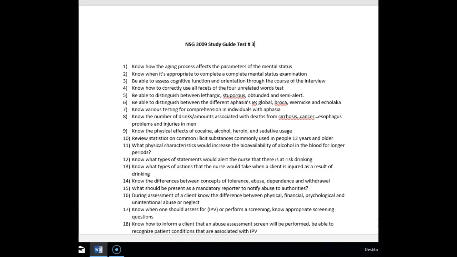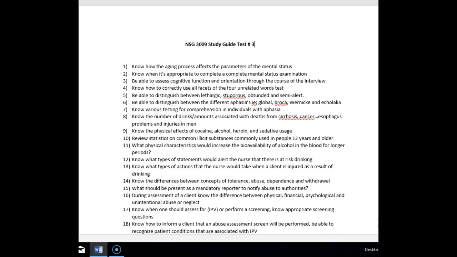Question number 2, know when it's appropriate to complete a complete mental status examination. Usually you perform a complete mental status examination when any abnormality in the person's affect, like how they act, or their behaviors are discovered.